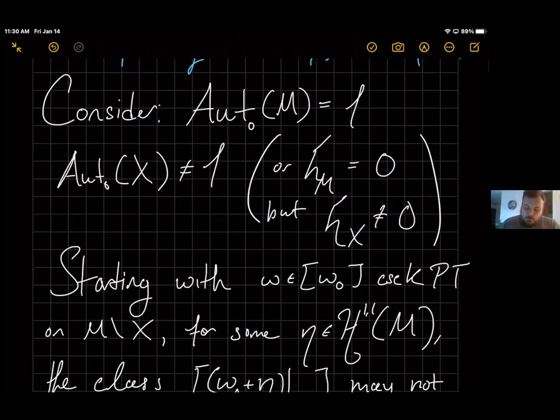And in particular, not just thinking about the automorphism group, but in terms of vector fields itself, this factor H sub M is going to be the space of gradient holomorphic vector fields on M, and factor H sub X will be the space of gradient holomorphic vector fields on X. So we have no gradient holomorphic vector fields on M, but we do on X. So a whole lot more stuff happening on our hypersurface than on the ambient manifold.